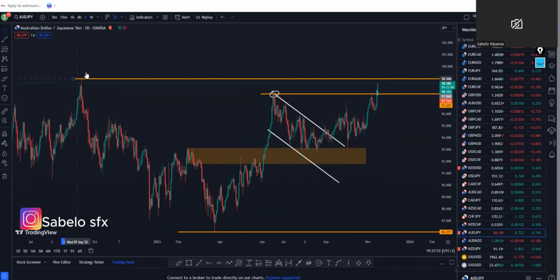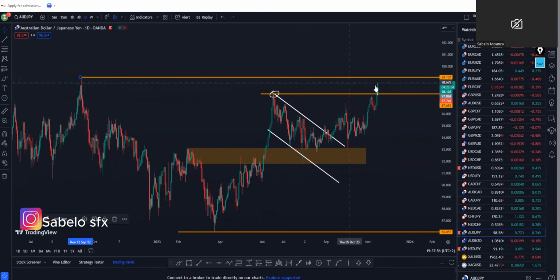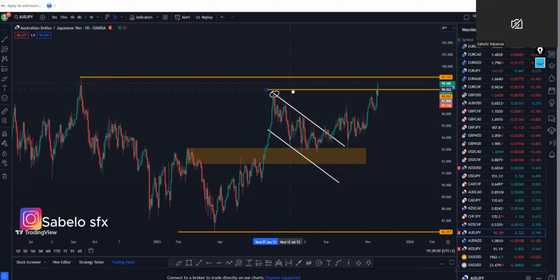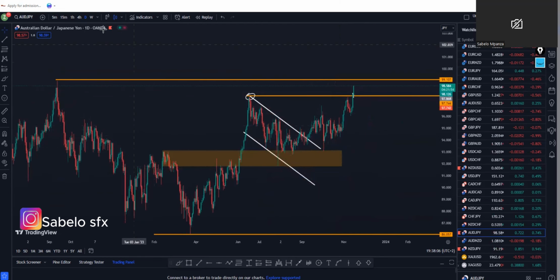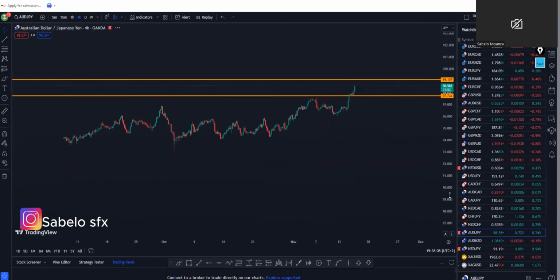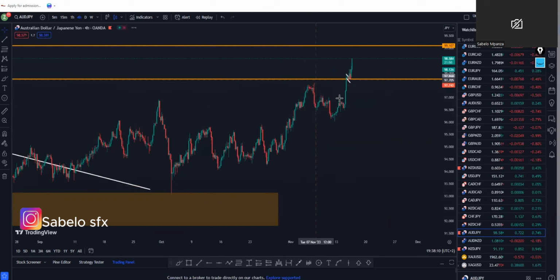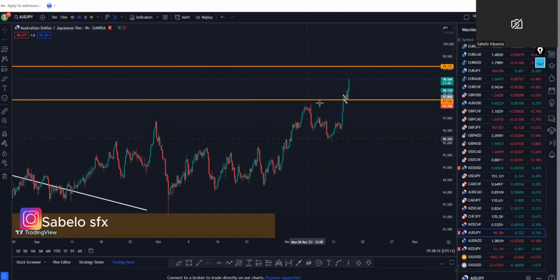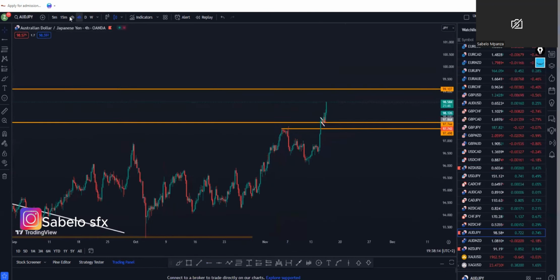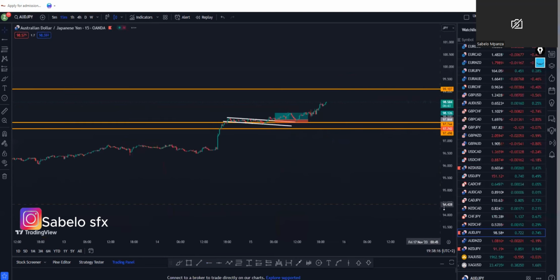You have a strong key zone here, which is going to be my potential take profit. And this one here, which I waited for a breakout from. And then we are ready to go. We can move to the H4 to look for other key zones. We had this one, and then we go to the 15-minute time frame.